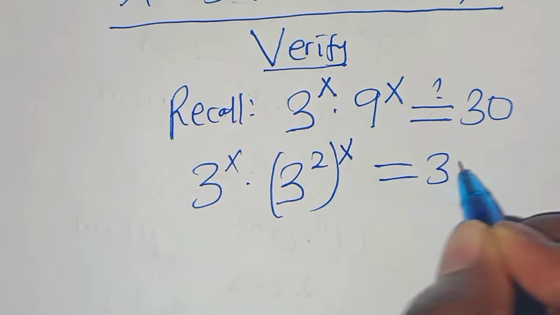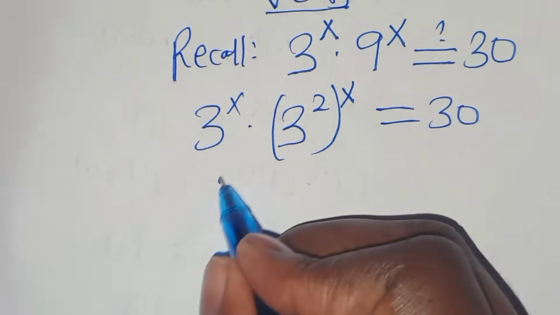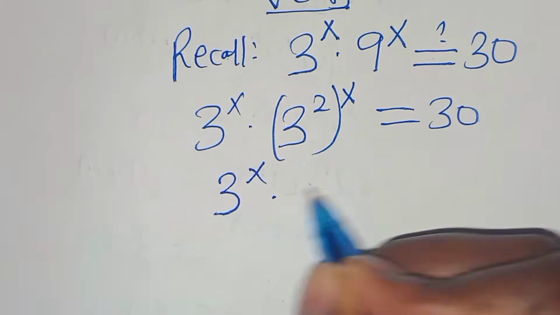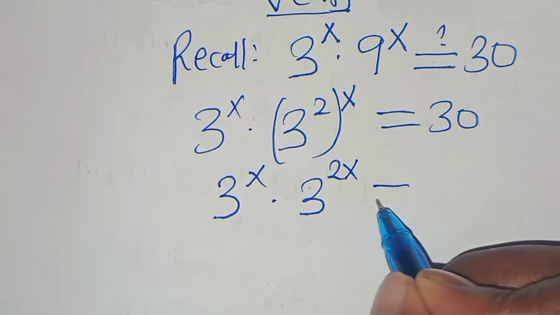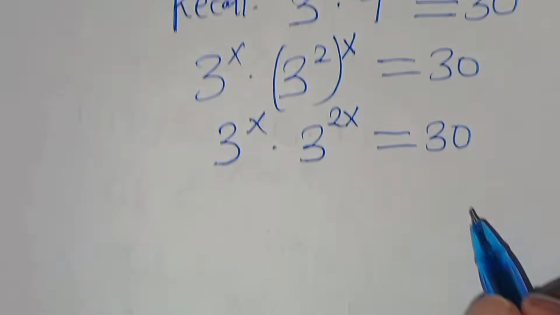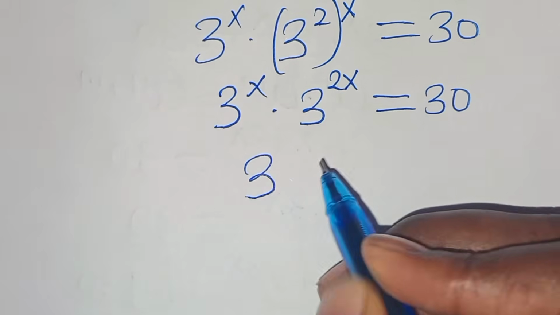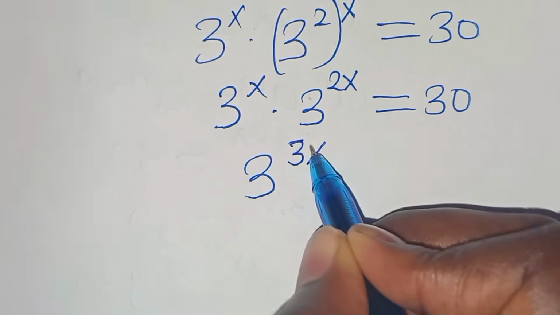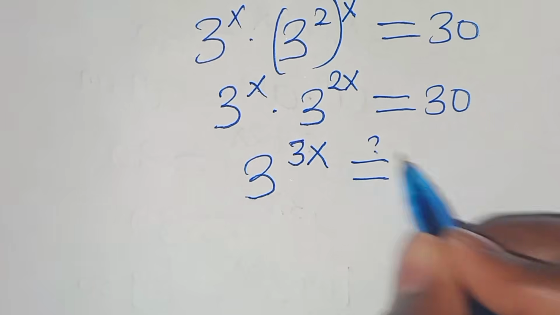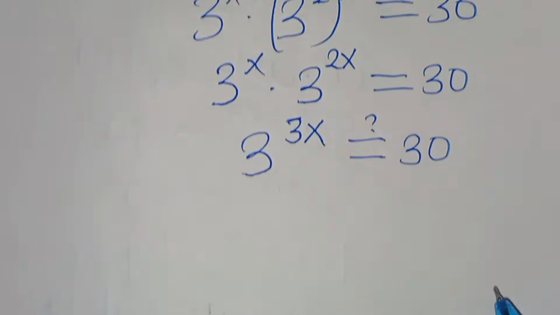This is equal to 30. So we can express this as 3 to the power of x times 3 to the power of 2x. So this is 3 to the power of x plus 2x, which is 3x. This is supposed to give us a value of 30.